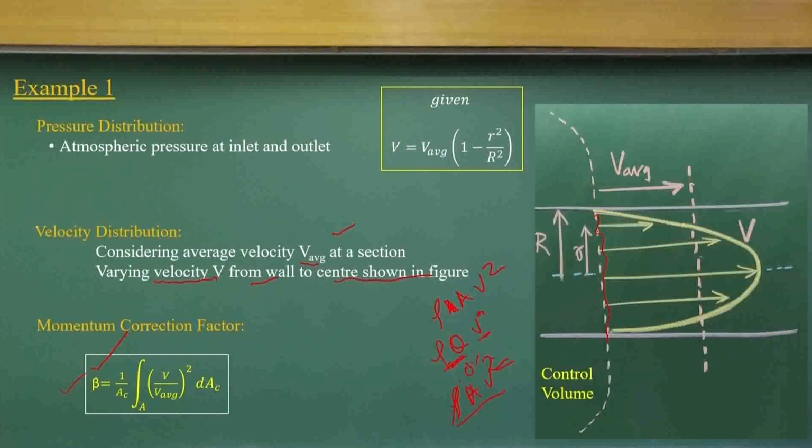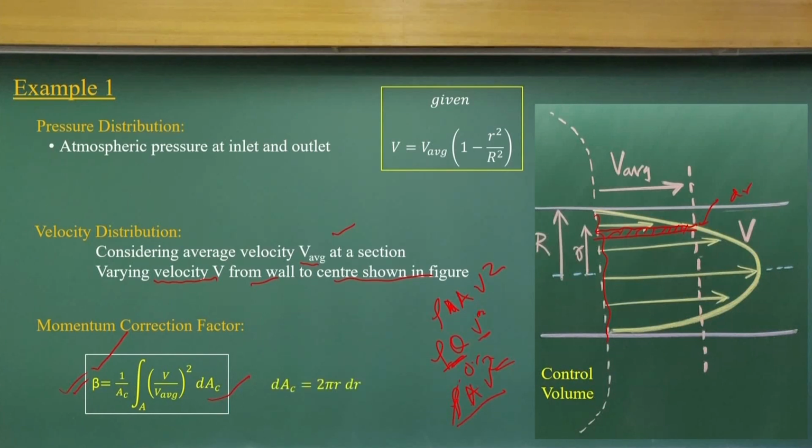I will take a small element area at a distance r, with thickness dr in the radial direction, and I will compute the area, substitute the velocity distribution, and do these integrations to compute the beta value. That is what we will do.